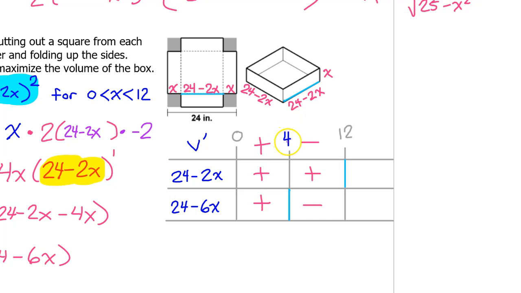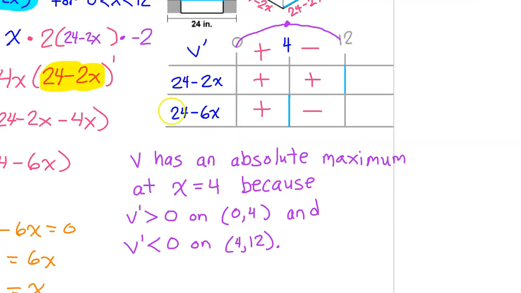Since there is only one critical value, it divides the entire domain into just two intervals. Since v prime is positive on the first interval and negative on the second interval, that means the volume is increasing on the first part of its domain and then decreasing for the second part of its domain. That means there is an absolute maximum at x equals 4, not just a relative maximum.